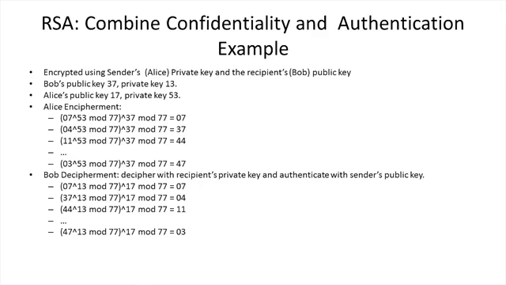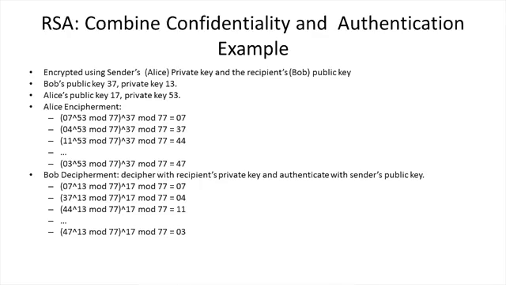So we receive 7, take it to the power of Bob's private key, which is 13, mod 77, and the result we then raise to the power of Alice's public key exponent, which is 17, mod 77, and we recover 7. Same thing for 37, goes through the same formula, we get 4. And for 47, we apply the same formula, we get 3.